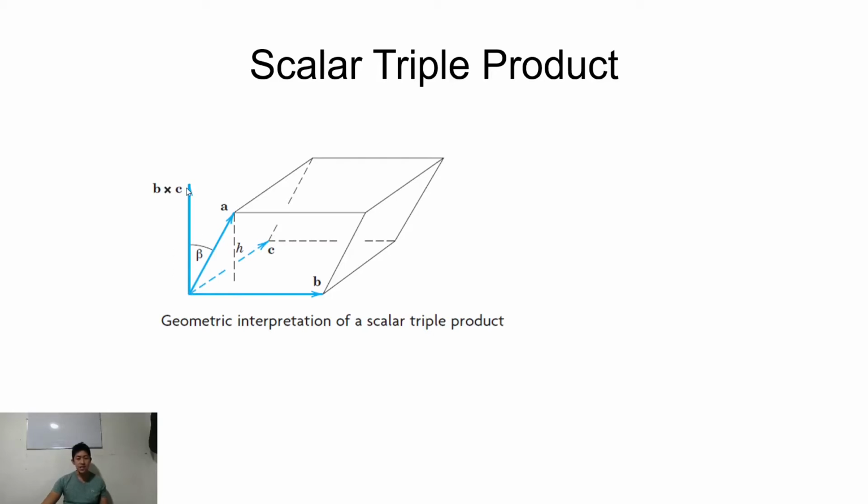Then you apply the dot product, so you take the component with respect to A.